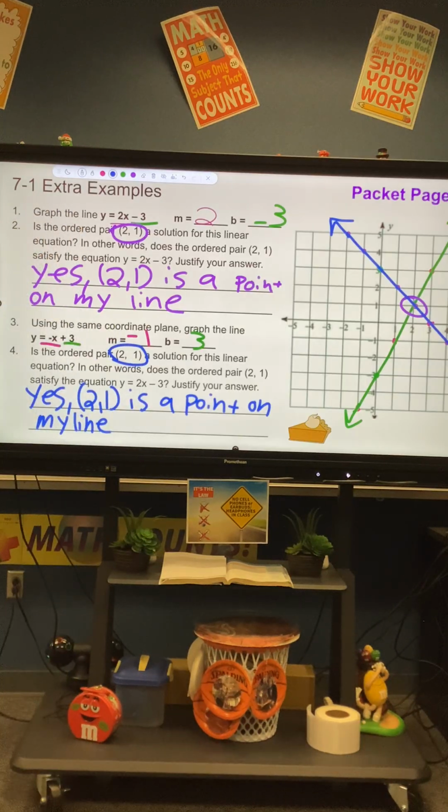So that's how we know. If we're talking about just one single line, and we want to know if a point is a solution or not, it has to be a point on that line. So like 0, 0 is not a solution because 0, 0 is not on either one of those lines. It's not on my line. So that's how I know.